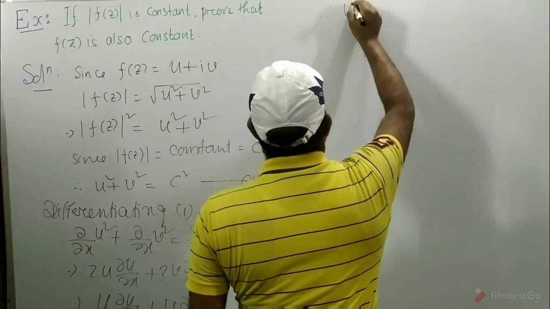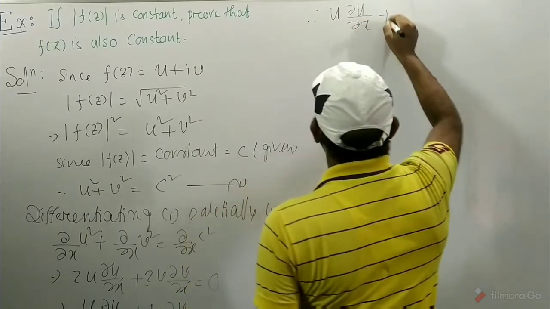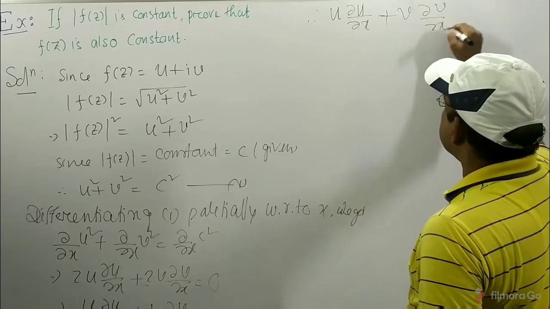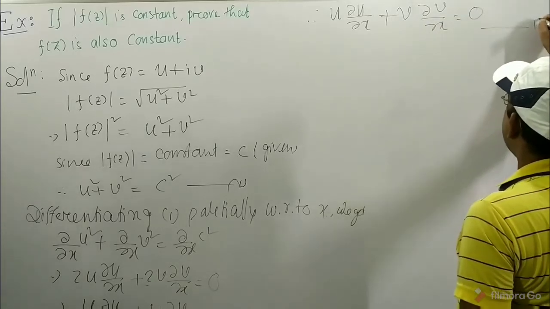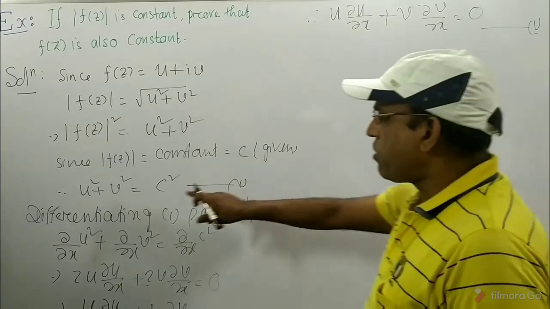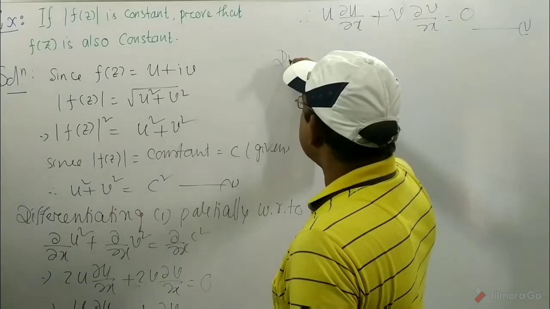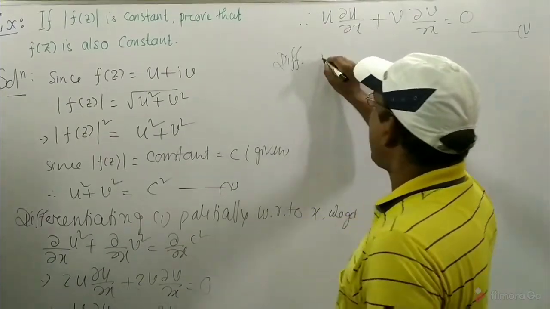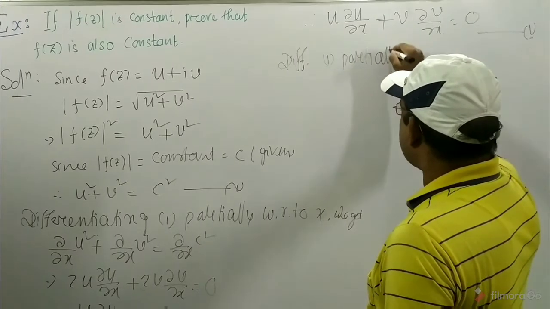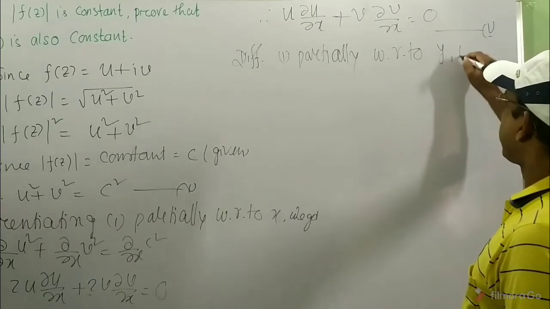Therefore, rewriting this line, u del u by del x plus v del v by del x equal to 0. This is number 1 we consider. Again we differentiate equation 1 partially with respect to y.